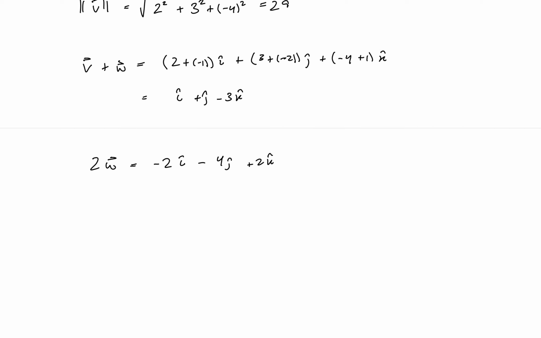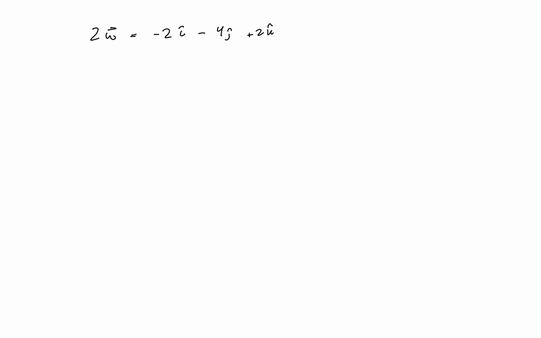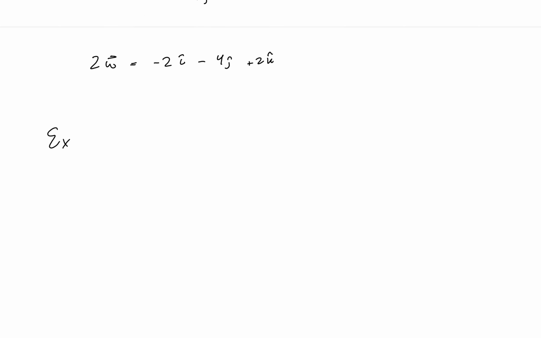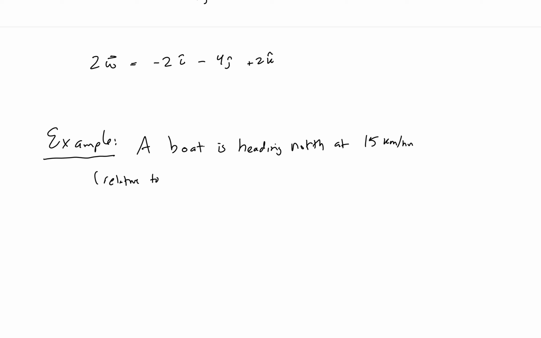So let's consider another example of how we could use vectors to actually solve word problems. This will be our last example for this section. Okay, so we've got a boat heading north at 15 kilometers per hour, and this is relative to the water.